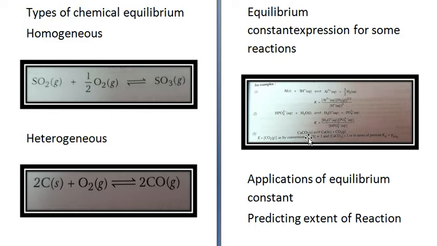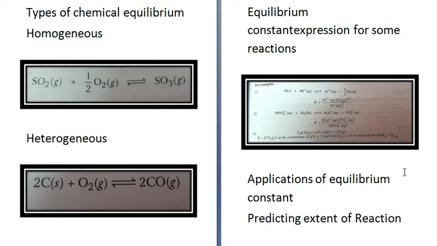The reason being that CaO is solid, so its concentration is 1, and CaCO3 is solid, so its concentration is also 1. Now remember that if K is increasing with temperature, it means that the reaction is endothermic, and if it is decreasing with temperature, it means that the reaction is exothermic.